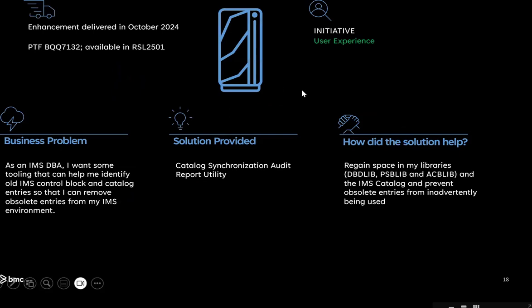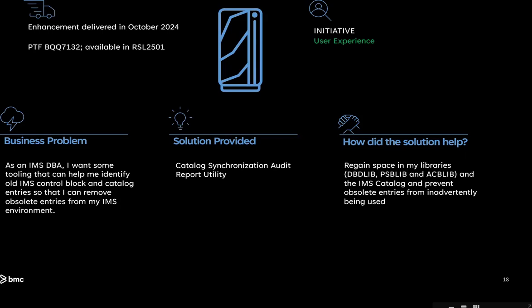But essentially, the business problem was, as an IMS DBA, I want some tooling that can help me identify old IMS control blocks and catalog entries so that I can remove obsolete entries from my IMS environment. As I said, multiple customers have reached out to us with this business problem, right?